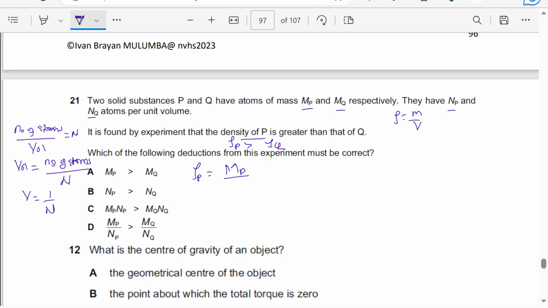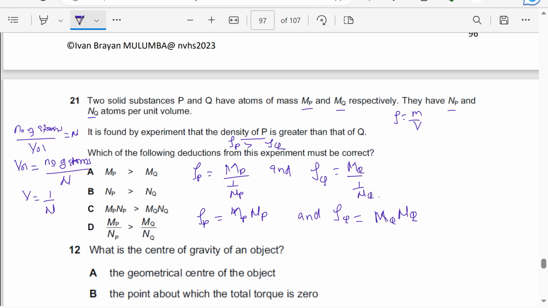So the volume of P will simply be 1 over n of P. And then for Q, the density of Q will be equal to the mass of Q, and the volume of Q will be 1 over n of Q. So you notice that when I simplify this, the density of P is going to be MP NP, and the density of Q is going to be MQ, the NQ goes up, so it is times NQ.